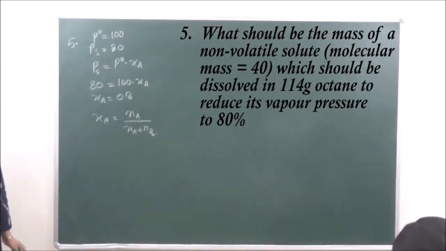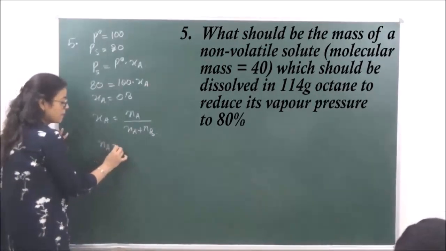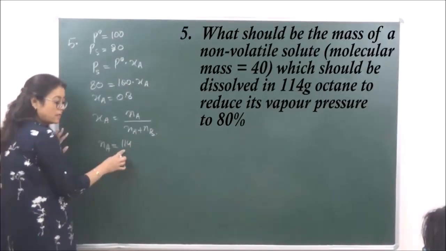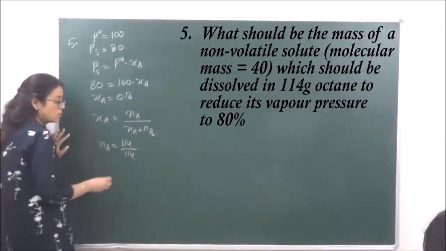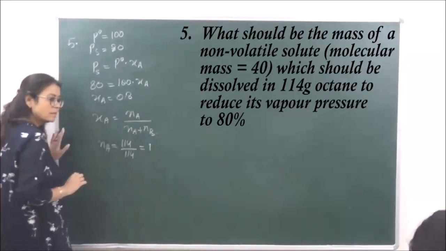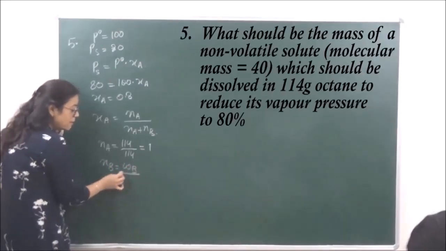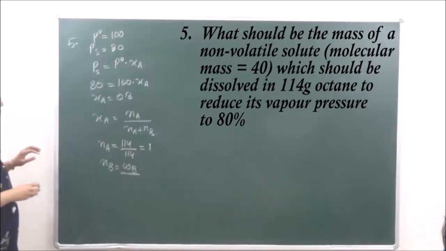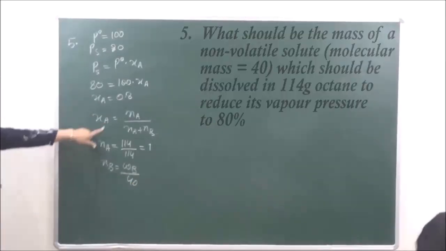So the number of moles of A, they have given us how much? Dissolved in 114 grams of octane. So NA will be equal to 114, and the molar mass of octane is also 114, so that becomes equal to 1. And NB is equal to WB upon the molar mass, which is given to us as 40. Let's put the values over here.